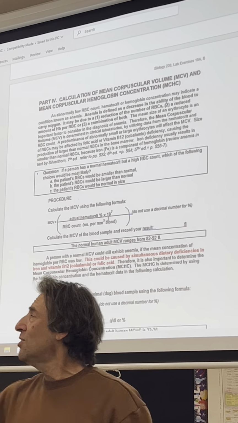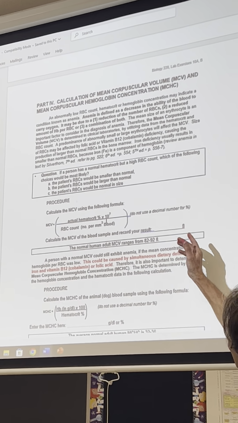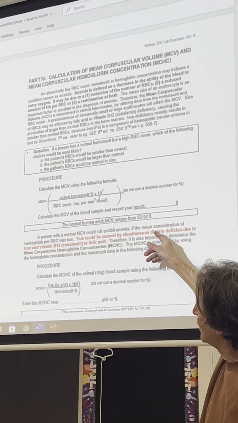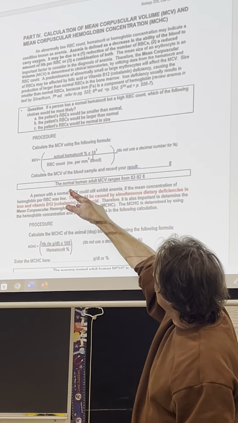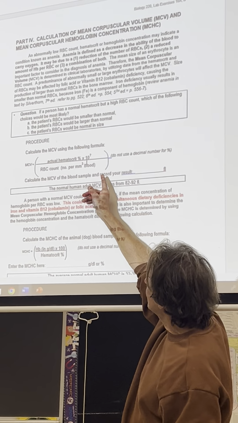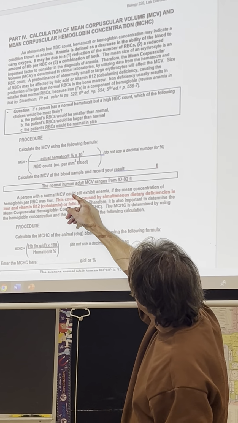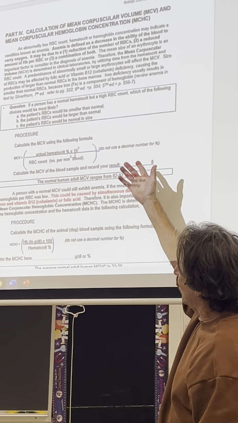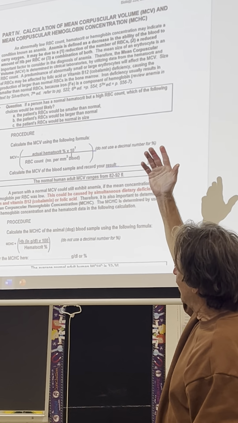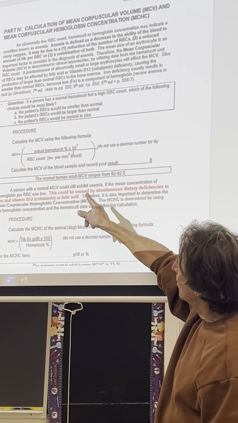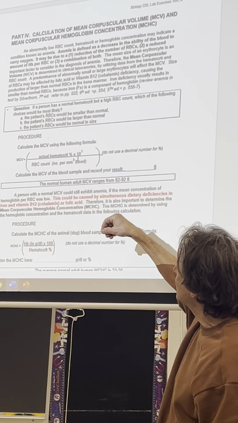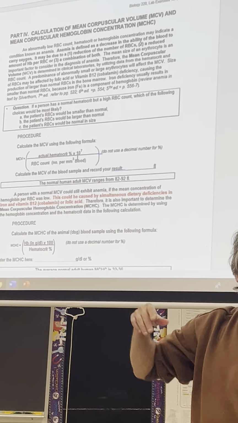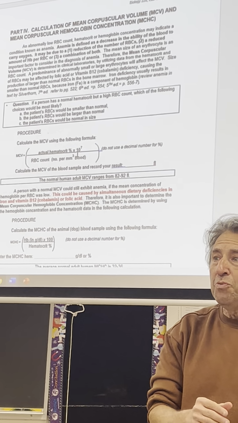And I'm going to give you the ranges though. So this is your mean corpuscular volume. You're going to put hematocrit times 10 to the 7th over the red blood cell count. Basically, I'll have it, whatever it is, 5 million, 6 million. Just remember, when it says hematocrit percentage, if it's 50%, I tell you your hematocrit, you put 50.